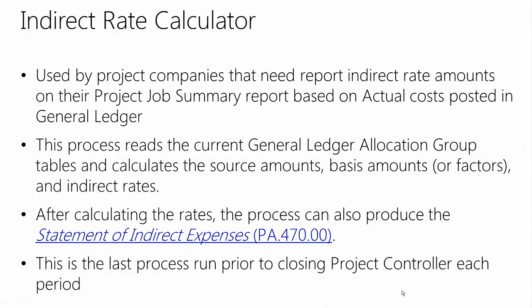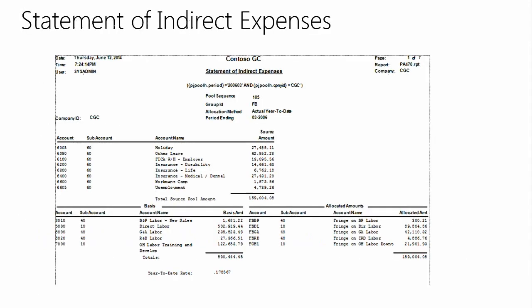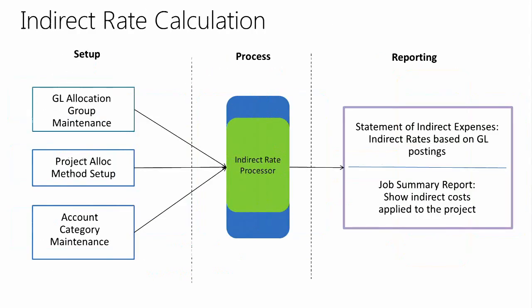So the indirect rate calculator, as a summary, is used for companies that need to show those actual costs on the job summary report. It uses your current general ledger allocation groups, and it will be the last process you run before you close the project. Here's an example of the report. Under indirect rate calculator, we can look at the combination of items that contribute to calculating this information.